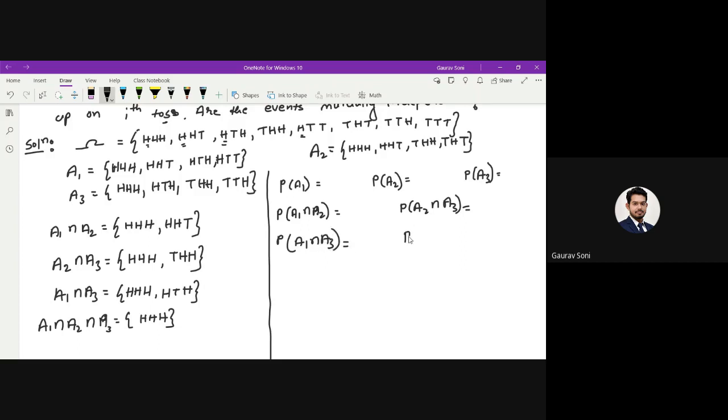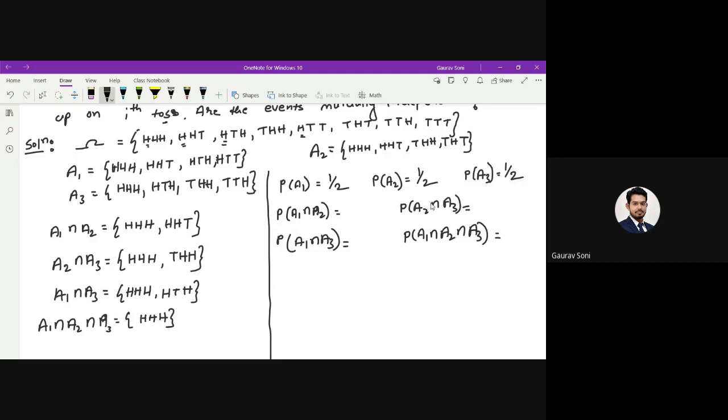And the last one, probability of A1 intersection A2 intersection A3. Probability of A1 is 1 by 2. Probability of A2 is again 1 by 2. Probability of A3 also is 1 by 2.